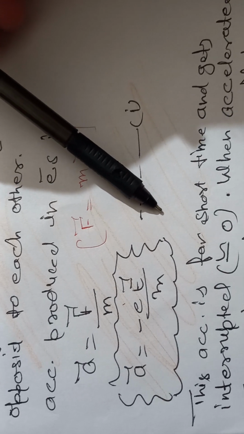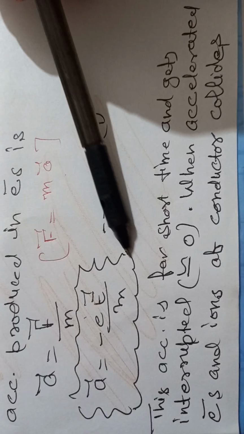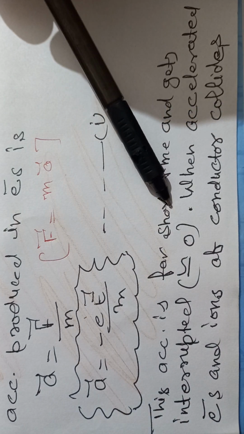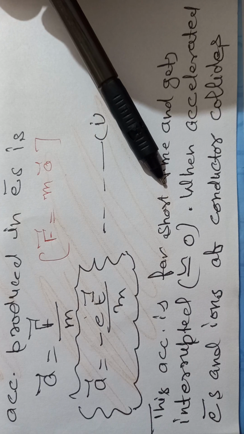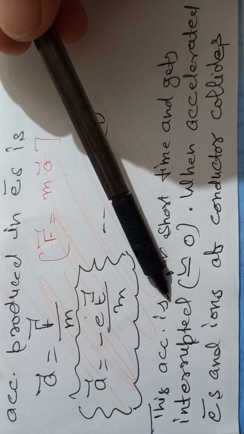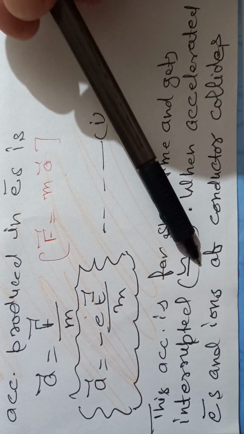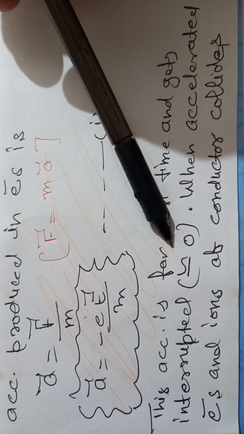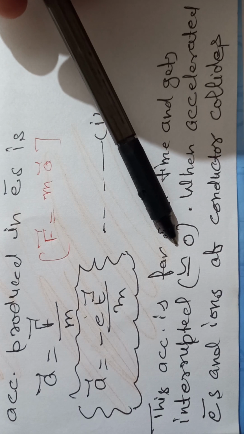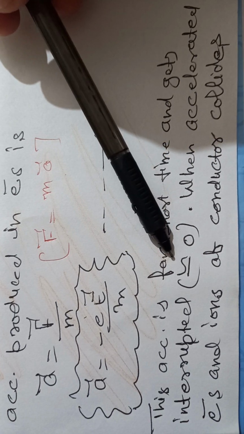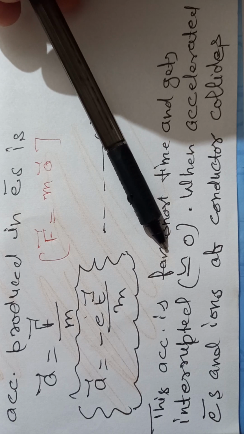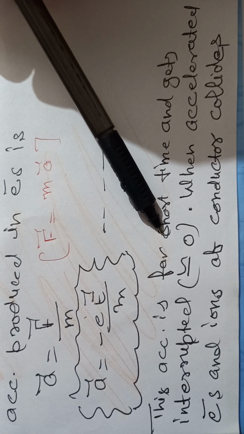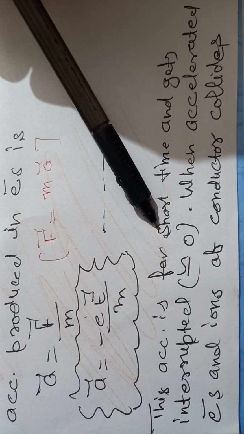Now here is a point which you need to understand, that this acceleration is for a very short time. This acceleration is for a very short time and gets interrupted, and it becomes approximately equal to 0. Why does it get interrupted? It gets interrupted due to the collision between the electrons and the ions of that conductor, and also the collision between the electrons and electrons.